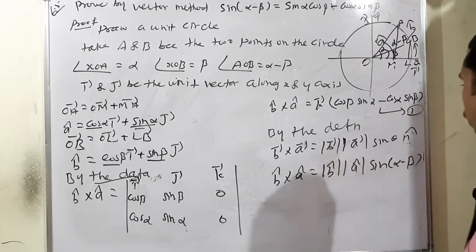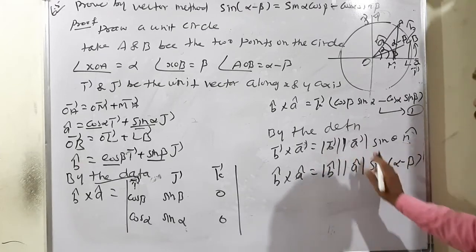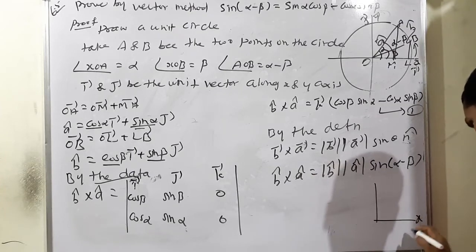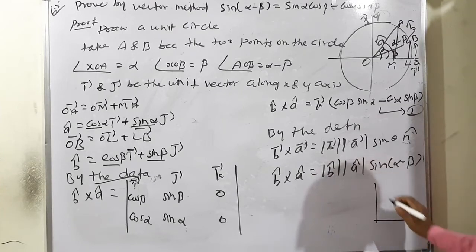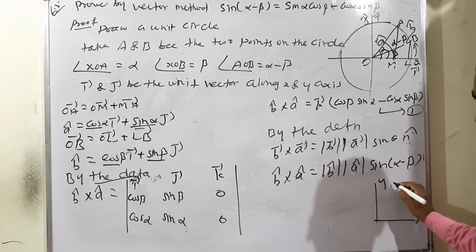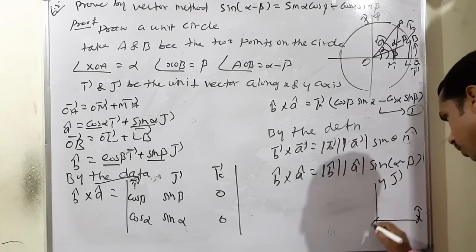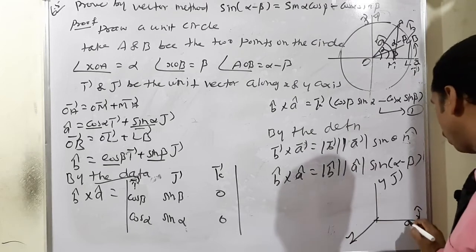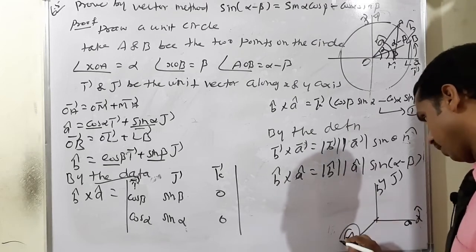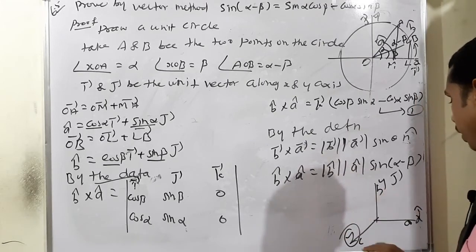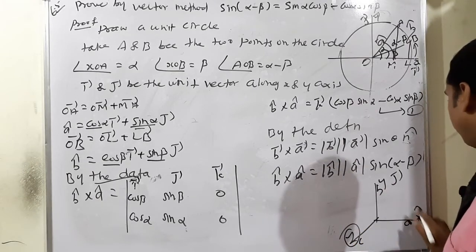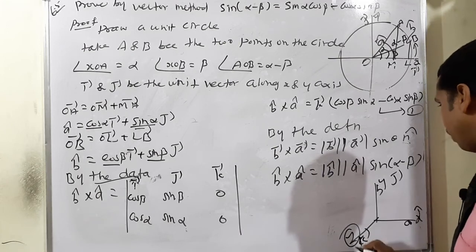But n cap, look at there, is perpendicular to A and B. Already we know x-axis means i vector, y-axis means j cap, isn't it? So the third one is considered for Z. So perpendicular to X and Y, definitely we can write it Z, and Z means k vector, isn't it?